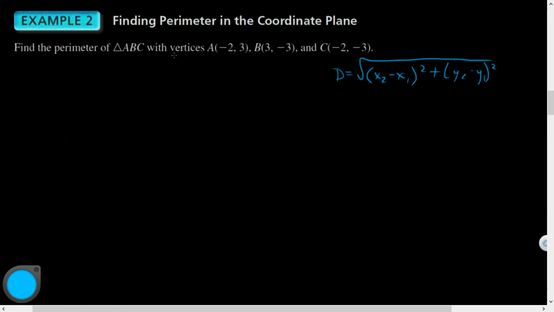And so to find the perimeter, I'm going to need to find, all right, here we go. Let's find AB. Let's find AC. And we'd also need to find, I don't know, probably BC or CB. Yeah. I think so.